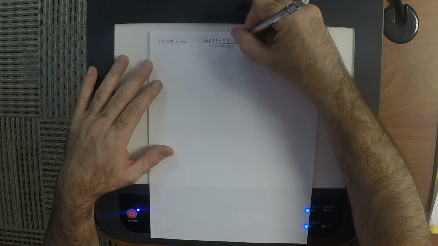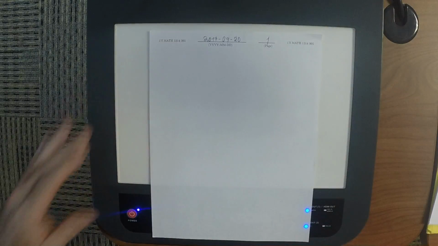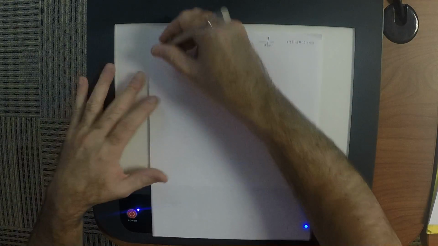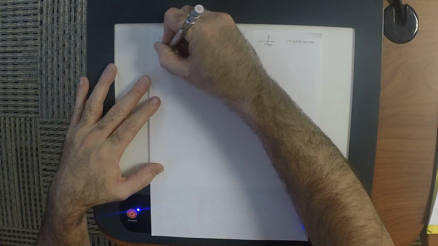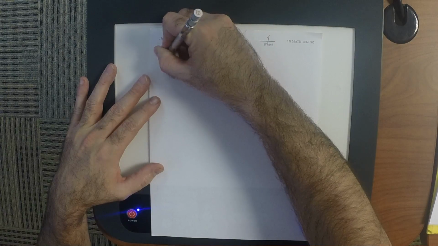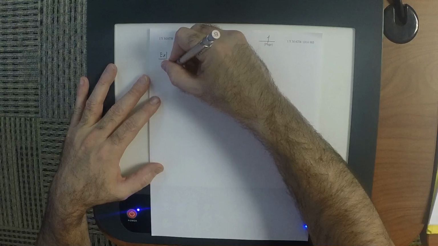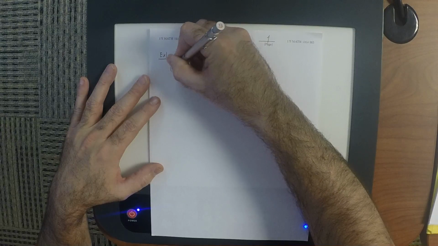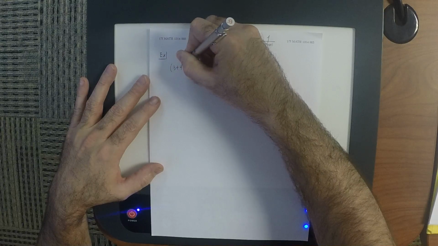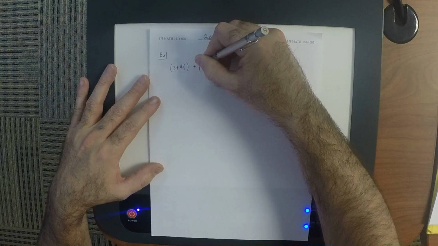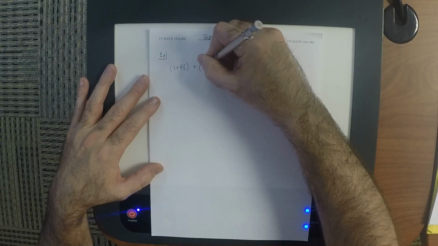So we had just introduced that. Now we need to talk about the arithmetic of complex numbers. So what if we have two complex numbers, 3 plus 4i, and then we want to add to it, say, 1 plus 8i.